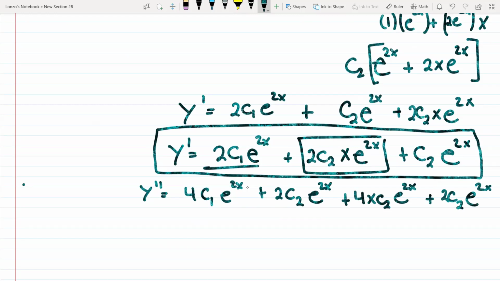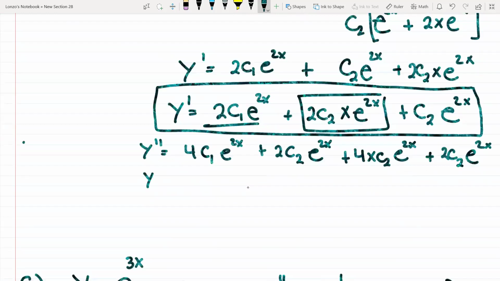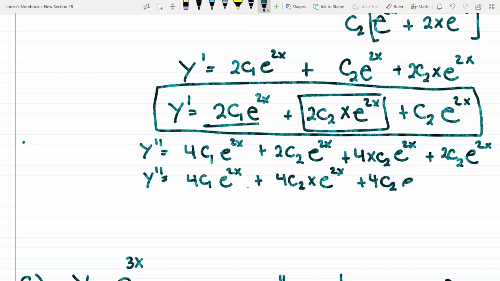So if I clean this up, y double prime is going to be 4C1 e to the 2x plus 4C2x e to the 2x plus 4C2 e to the 2x.